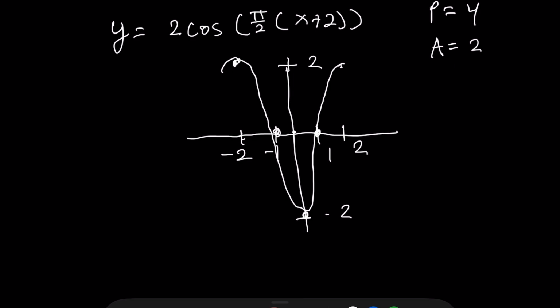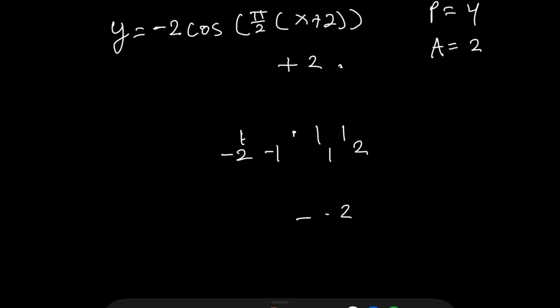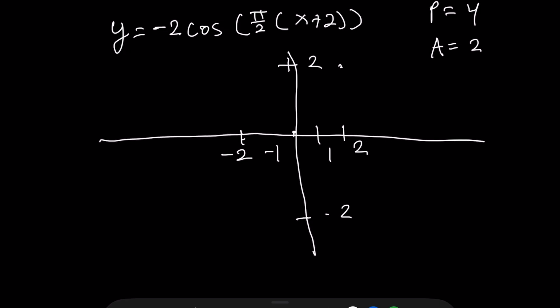I'll show you what happens if it was negative. If it was negative, then all you do is you flip it. Oops. I meant to get rid of the dots. Okay. All you would do is you would start at -2. Then go here, then go here, then go here, and then here.